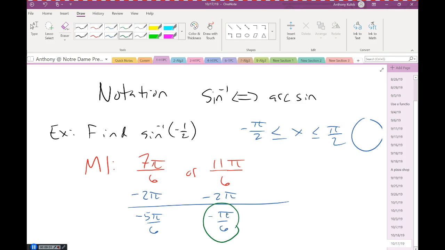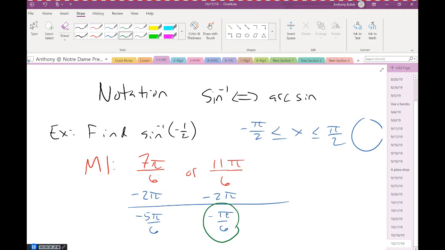Are all 4 of these answers that we've supplied actual answers to sine inverse of negative 1/2? Yeah. These are all legitimate answers. They're just not the answer the calculator is going to give you, because the calculator is programmed so that it's actually a function.